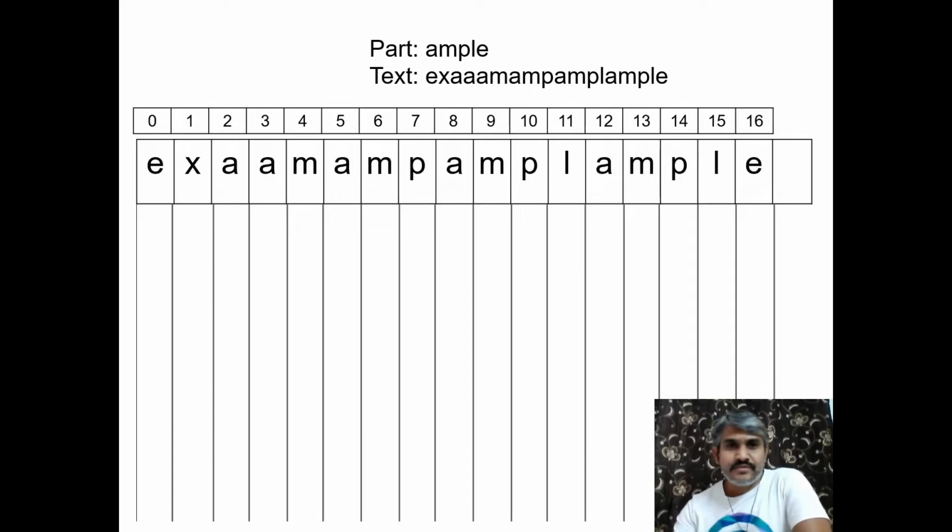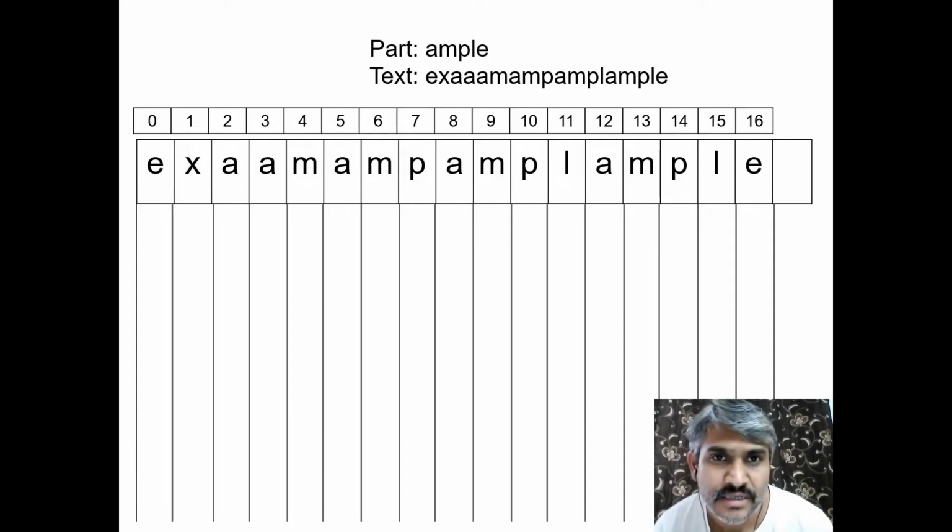So let's look at a visual trace of our first implementation of find it. Let's take the same example as we had earlier with part, and let's make the text a little more interesting, where there are a lot of partial matches.